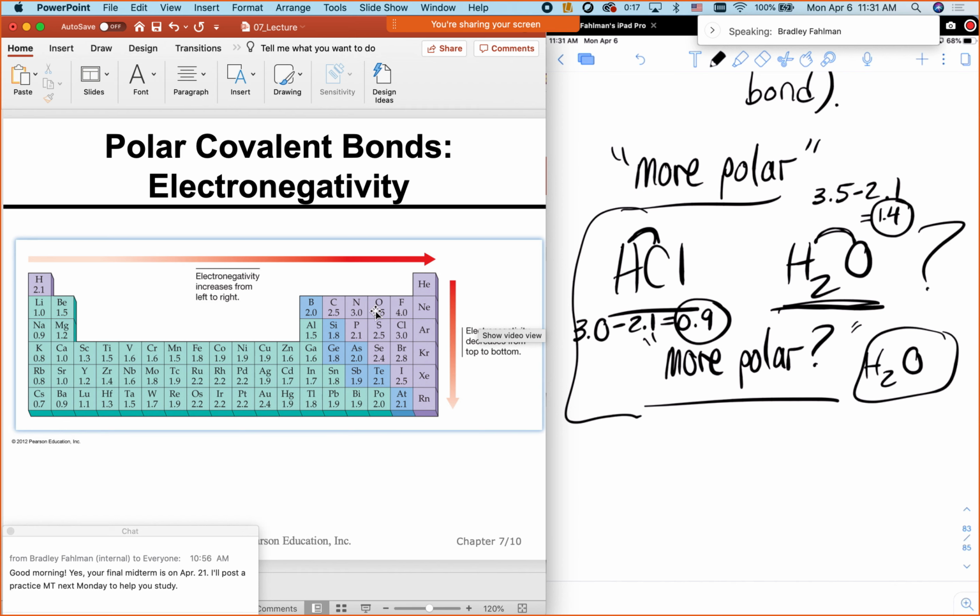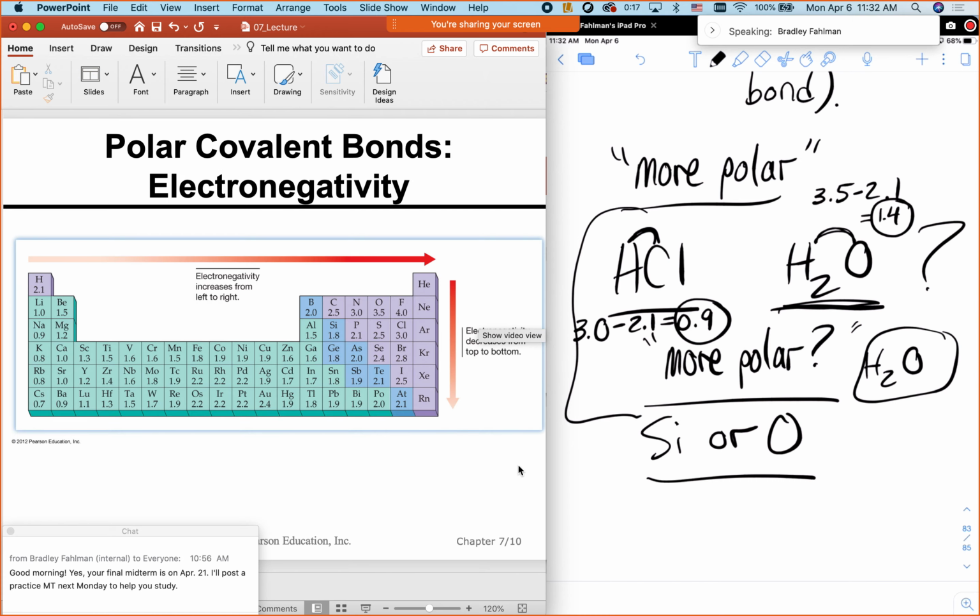But typically I will ask, which is more electronegative, silicon or oxygen? For that, without these numbers, you would just look that oxygen is higher and to the right of silicon, so it would be higher. You're just looking at periodic trends to determine which is more electronegative. Does that make sense? Hopefully. Okay, good.